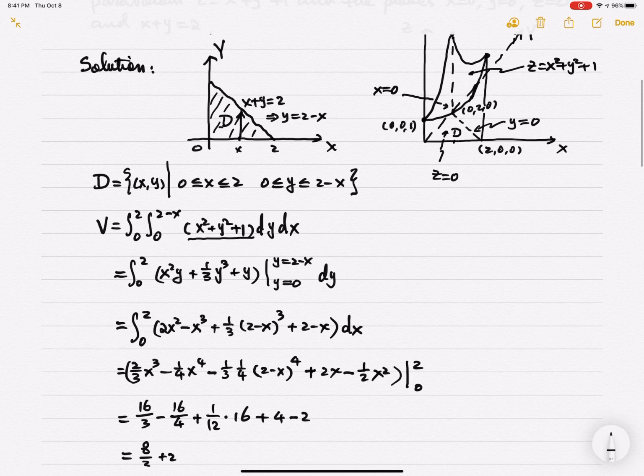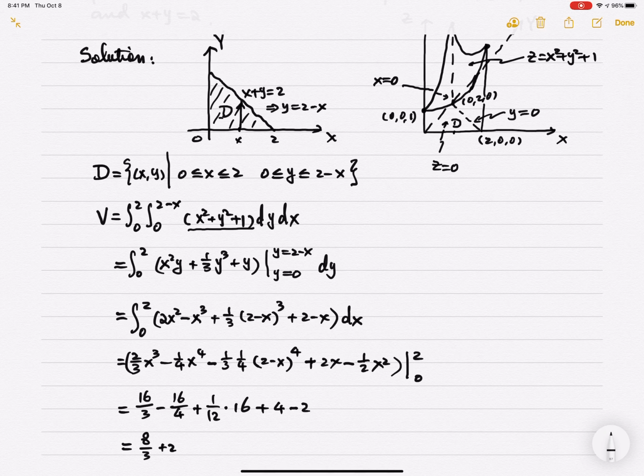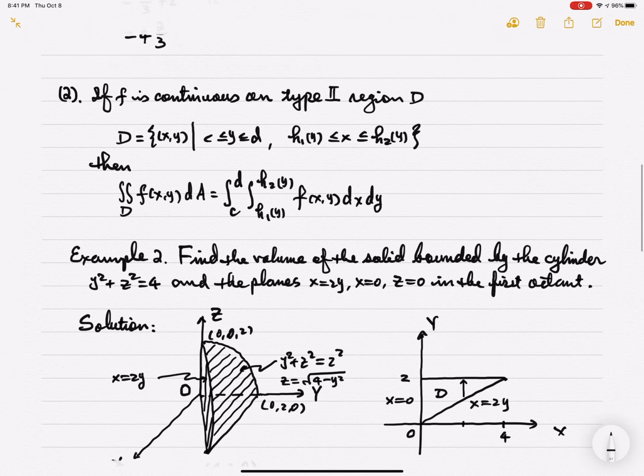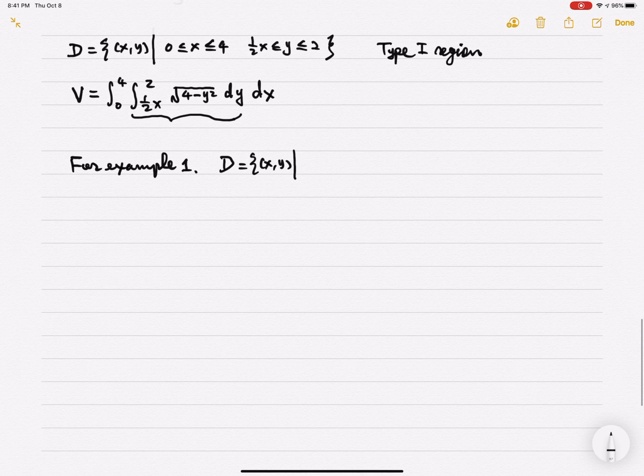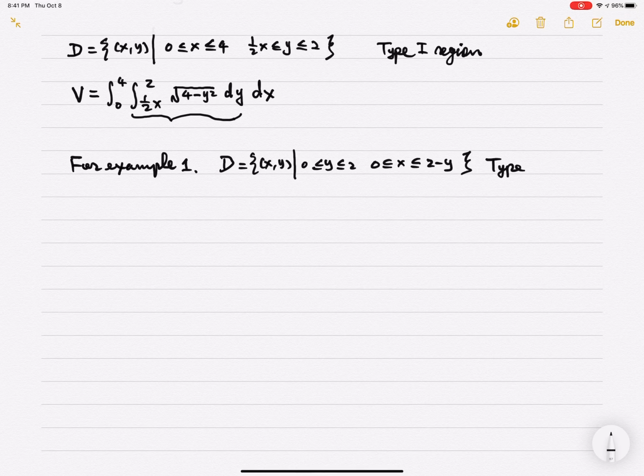Now y changes from 0 to 2, and x changes from 0 to 2 minus y. So now this is a type 2 region.